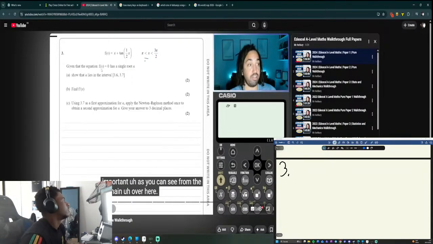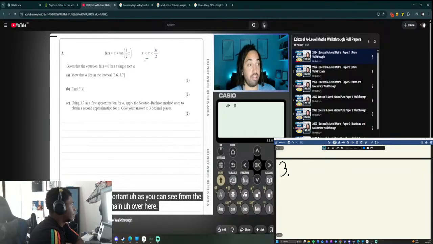Given the question f(x) equals 0, there. Oh, Newton Raphson. Okay. Can you and Lee can't remember how to do Newton Raphson?